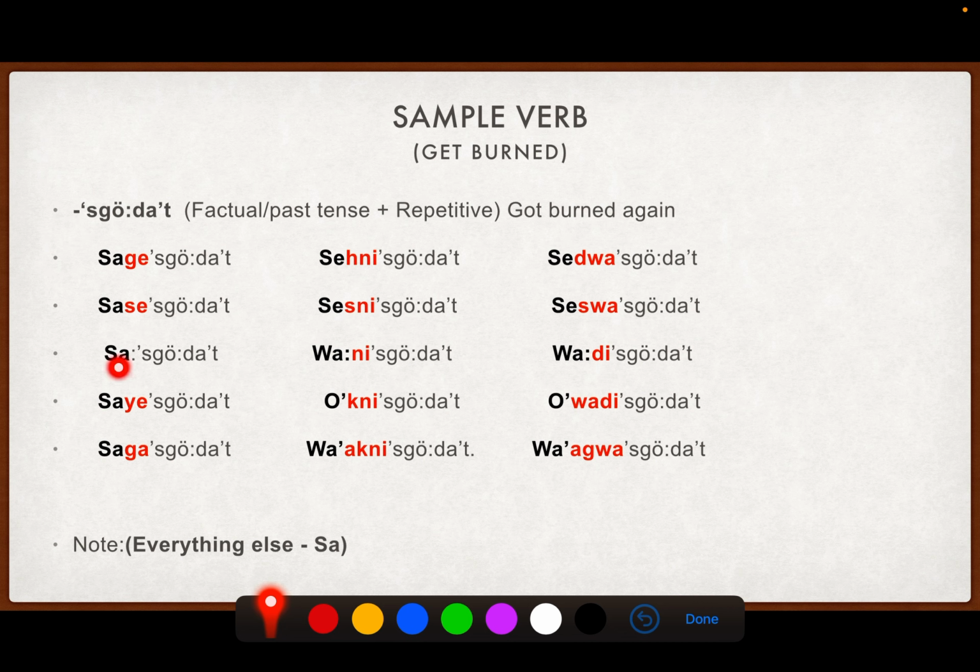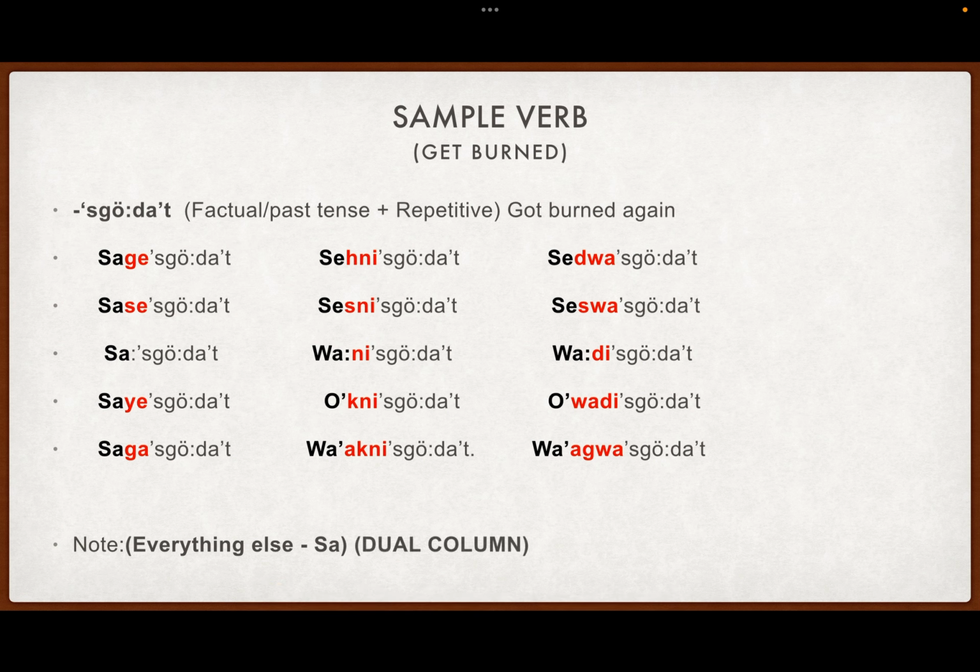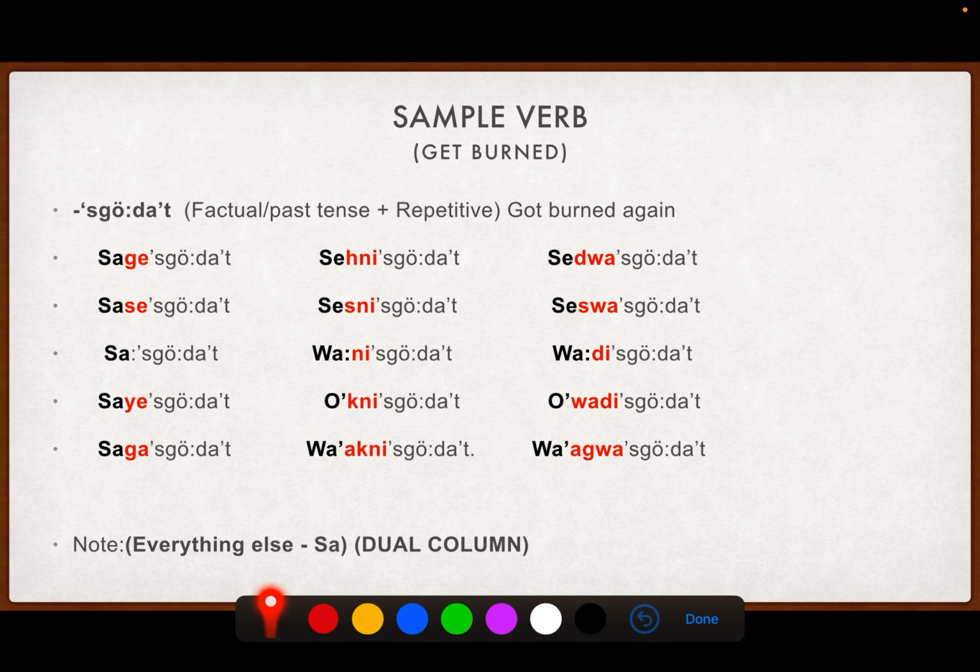Now here you do have sa plus ha, so it just becomes sa, like it blends together, the sa and the ha. But again, we took all those modals and we just changed them to sa. All right. So now, we already did these ones, right? So we can leave these alone because these are all say. But in the rest of this dual column here, we're going to change those to sa. Here we go, dual column. Watch right here because we already changed these.